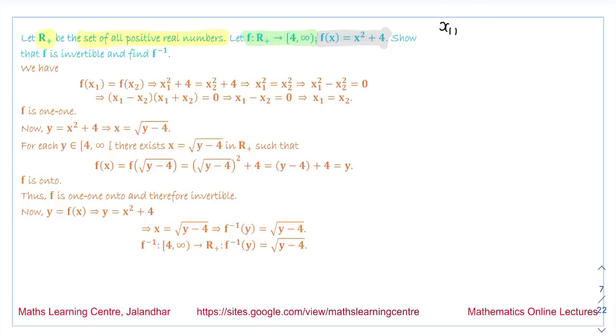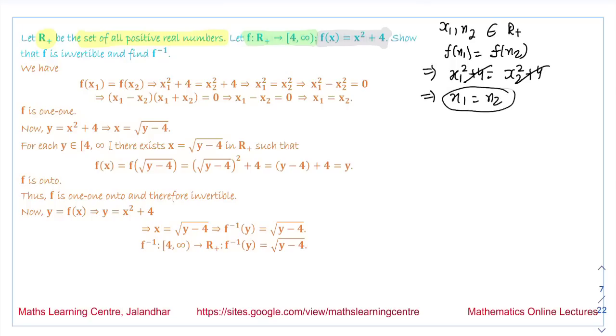So we consider x1, x2 belongs to R positive. We write f of x1 is equal to f of x2. This implies that x1 square plus 4 is equal to x2 square plus 4, and this implies that x1 is equal to x2 because both of these are positive real numbers. So we get that the function is a 1-1 function.